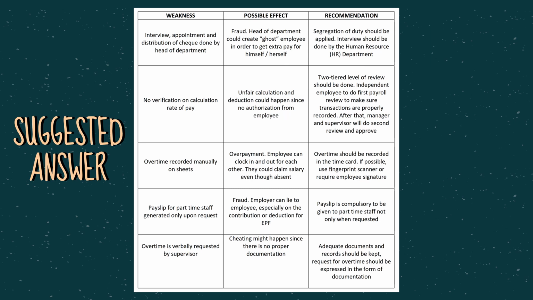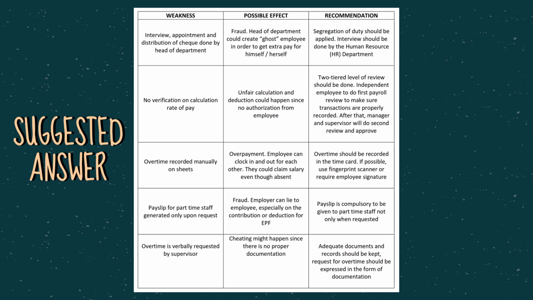And then we see the second example. The second weakness is no verification on calculation rate of pay. What is the possible effect? The possible effect is unfair calculation and deduction could happen since no authorization from employee. What is our recommendation?